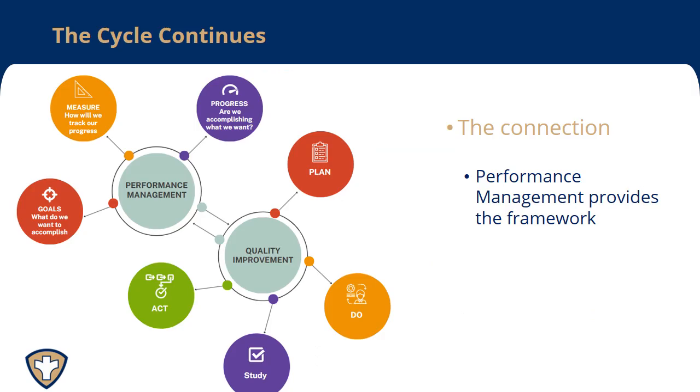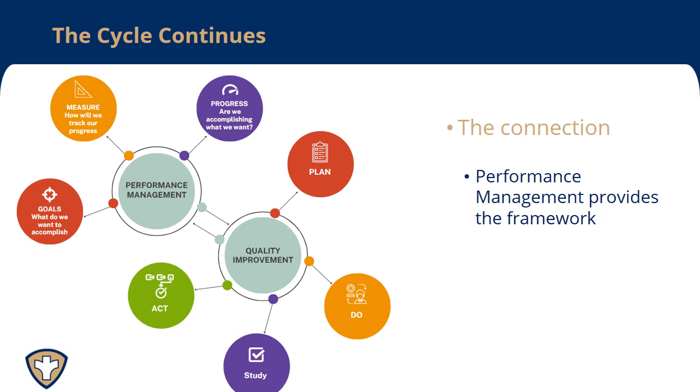So the cycle continues. This slide is to show the relationship between performance management and quality improvement. And this is our last section that I promised I would get to. To put it simply, performance management and quality improvement are very closely related.